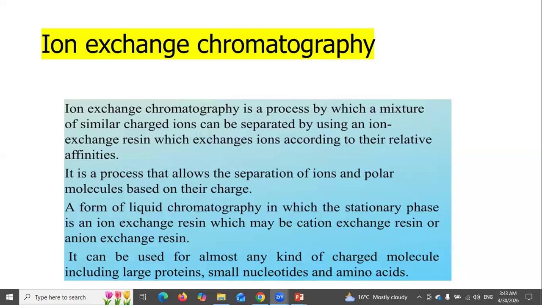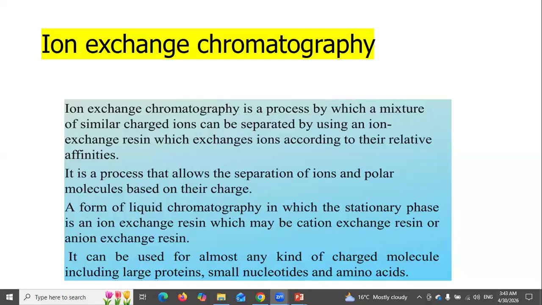It is a process that allows the separation of ions and polar molecules based on their charge.